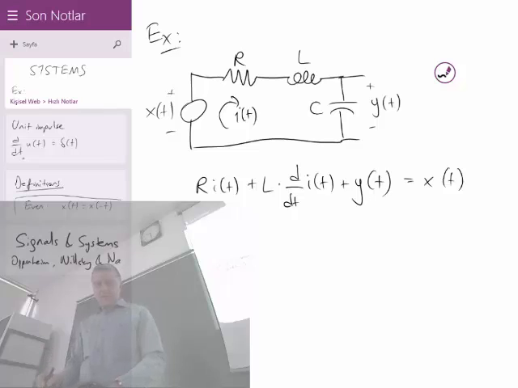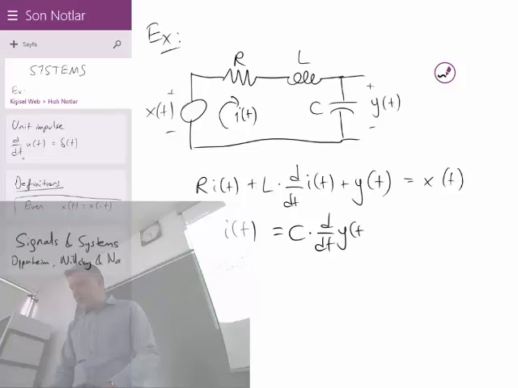So let's try to express that. What is I of t? I of t is equal to the capacitance times the time derivative of y of t, the voltage across the capacitor. So the voltage across the capacitor is directly related to the current. So we don't need to use I of t anymore.